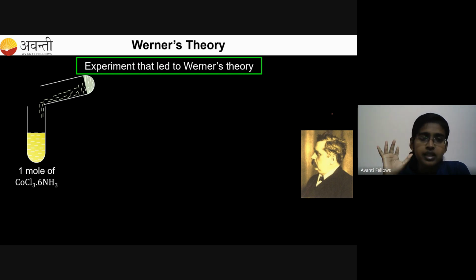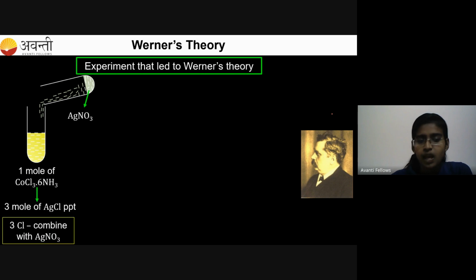What he did in his lab was, he took cobalt chloride with 6 ammonia molecules in one test tube, and he added AgNO3 to that 1 mole of cobalt chloride compound. And he got 3 moles of AgCl precipitating out.